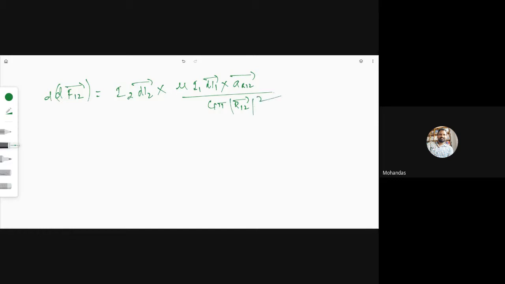Okay, which is equal to, I am writing these currents and permeability separately. mu I1 I2 by 4 pi.